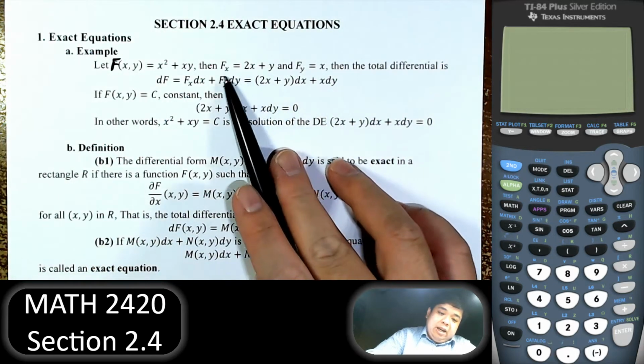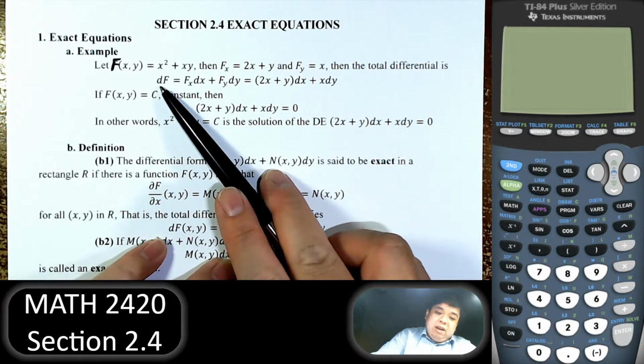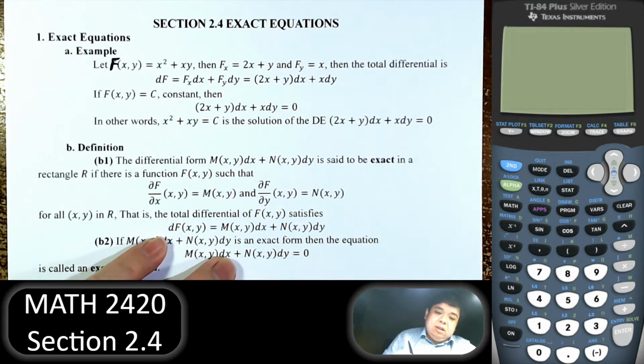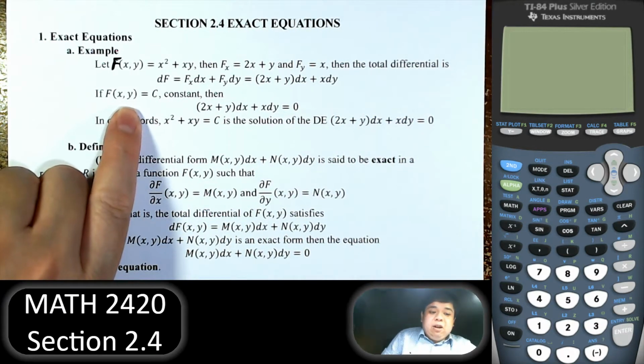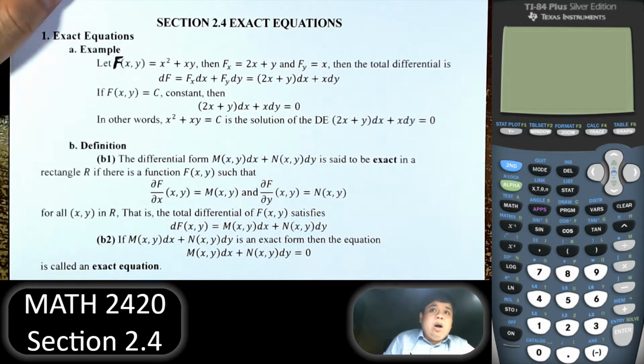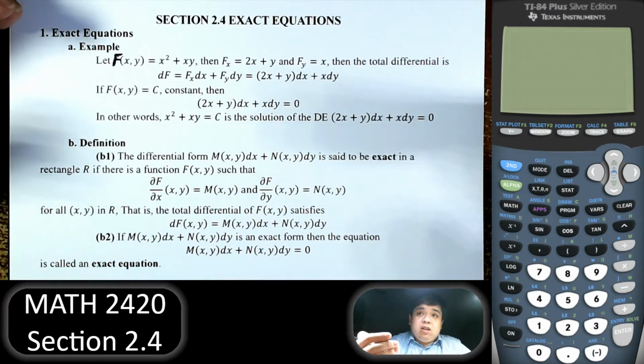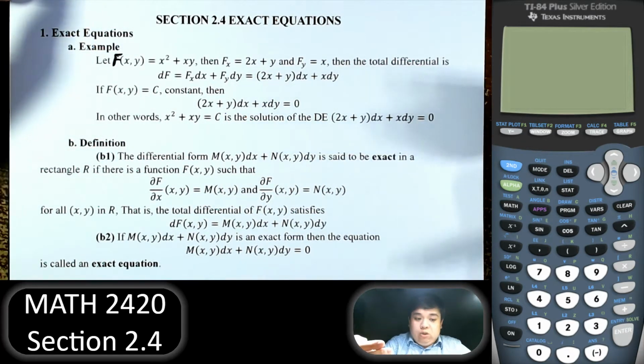Now, if that is the case, then we can write the total differential as df equal to that. If the function is equal to a constant, then df is equal to 0. Why is that? Because if the function is equal to a constant, the derivative of the constant is 0.